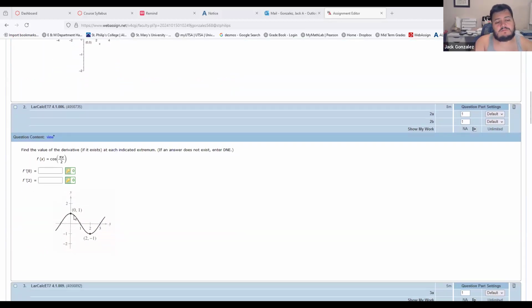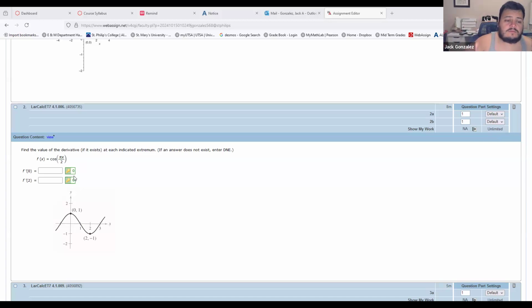So check this out. See these peaks and valleys. The derivatives at the peaks and the valleys are going to be 0. So they're asking you, knowing that 0 is right there, the derivative should be 0 because it's going to be a peak.